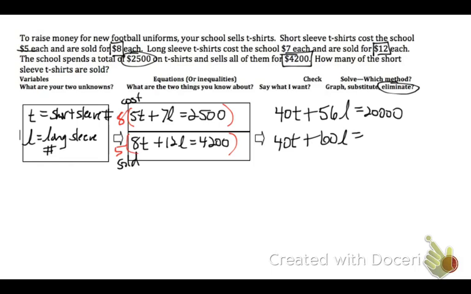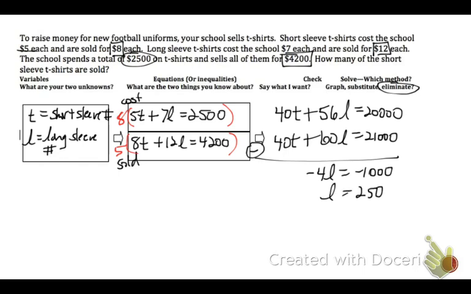Yes, 21,000. All right, now I'm going to put a big subtraction out to the side. So I'm going to subtract: 56L minus 60L will give me negative 4L. That's okay though, because my number over here is going to be negative. So I divide both sides by negative 4, and I get 250 long sleeve.